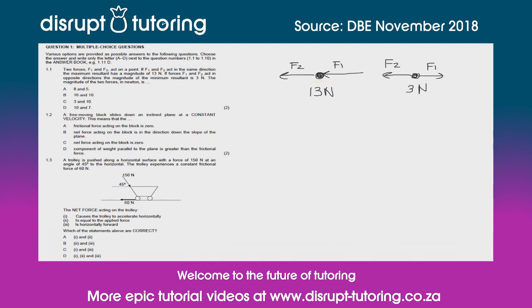Okay, but the trick is in the opposite direction. So whatever you are adding to the right, you have to minus from the left, and so forth. So if you look at the answers, you might be tempted to put 3 and 10. But if you think about what that means, if we say that F2 is, let's say, 10, and F1 is 3, then the actual resultant there is 7 newtons.